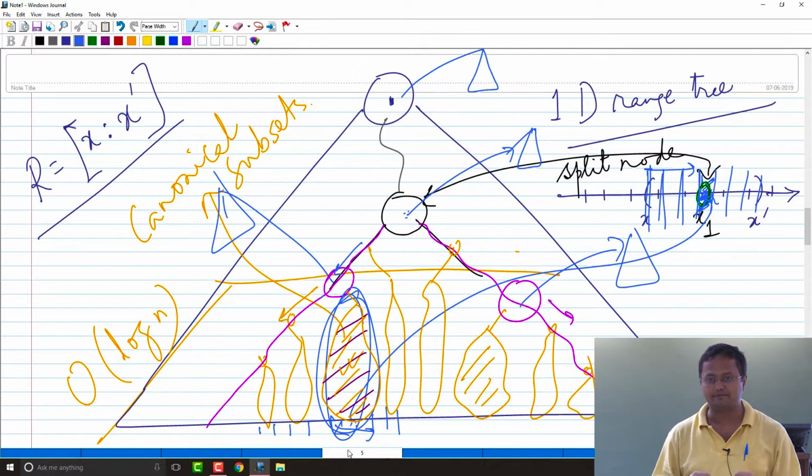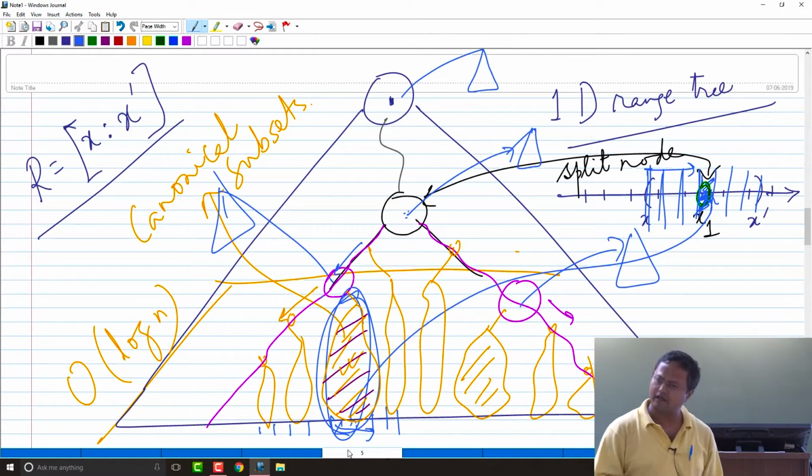Can we exploit some properties of this data structure?